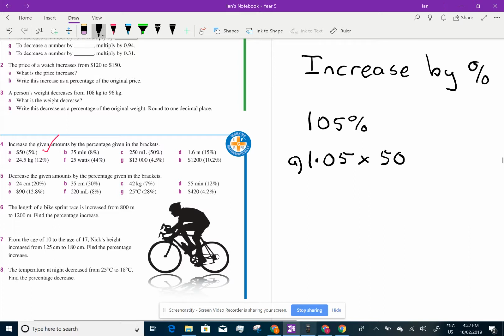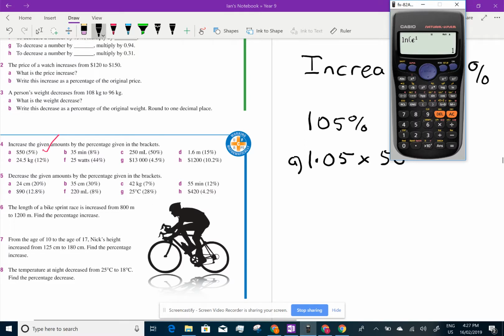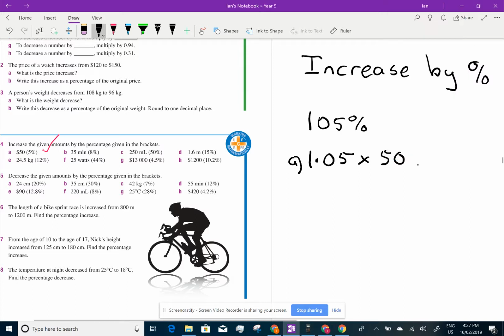And you get your calculator out, and you go 1.05 times 50, 52.50. And you've now increased 50 by 5%. Because what you've done is you've added the percent to the whole.